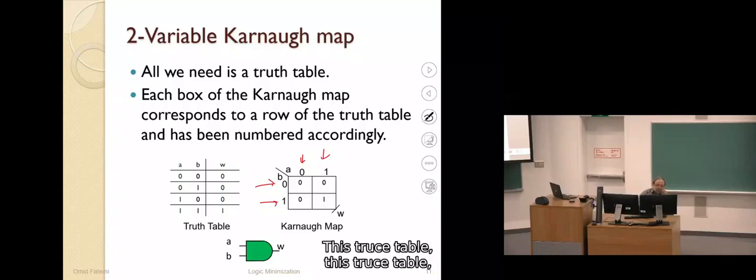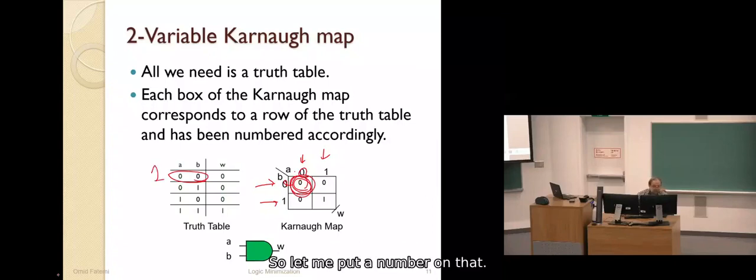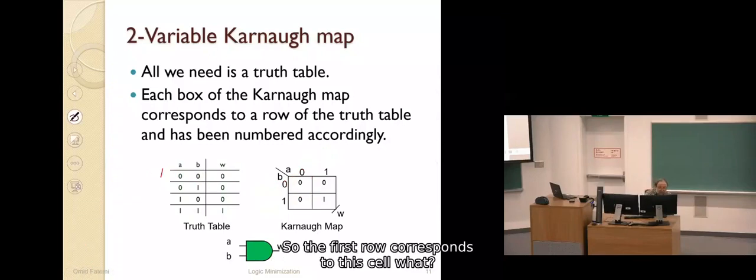In this truth table, the first row is where A and B both are 0. Which cell corresponds to that? A and B both are 0, so this is the cell corresponding to the first row. Let me put a number on that. The first row corresponds to this cell.